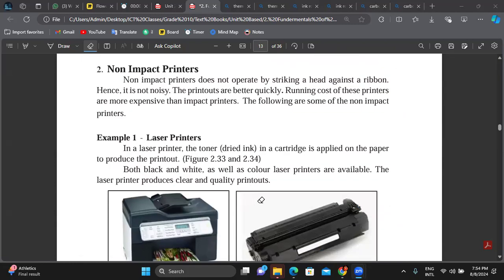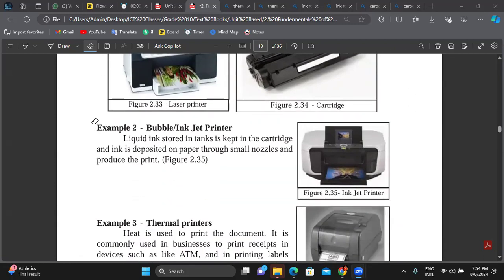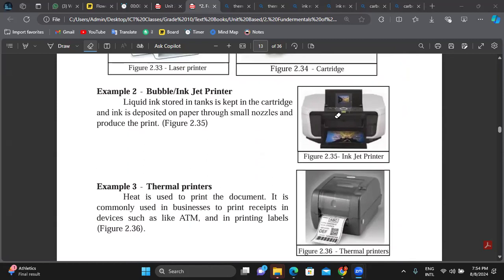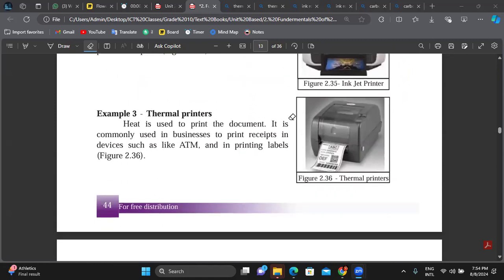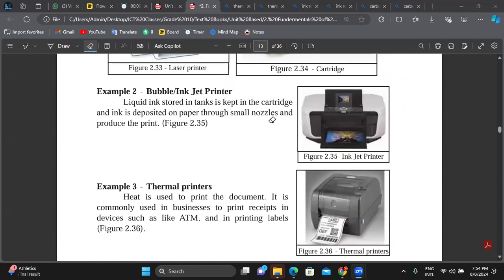Laser printers use dry ink, whereas bubble and inkjet printers use small kind of liquid ink, right? Thermal printers use heat. In ATMs and most of the institutes you go to, you can see many thermal printers. So we'll get a small idea about these as well.